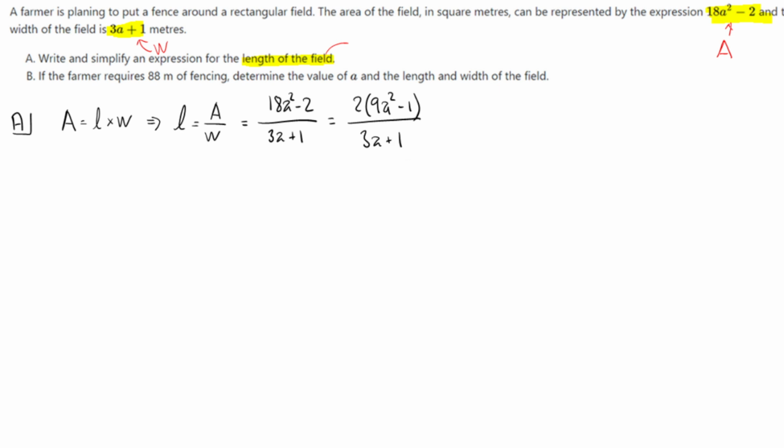Now, in the numerator, this binomial is a difference of squares. So that means we can continue to factor here, and we end up with 2 times 3a plus 1 times 3a minus 1.